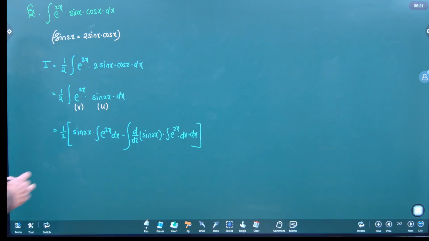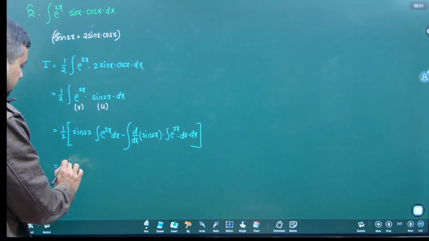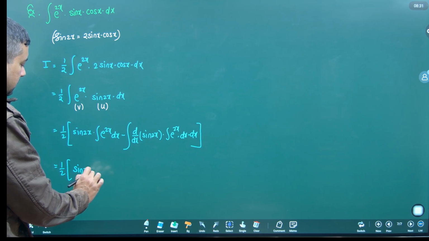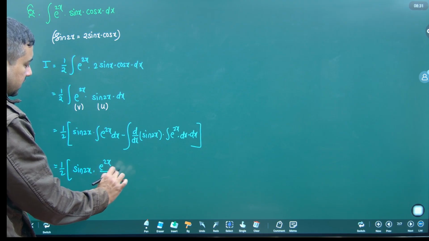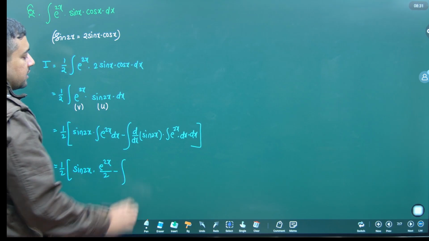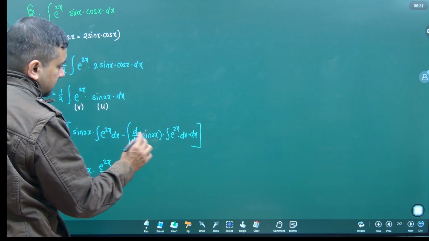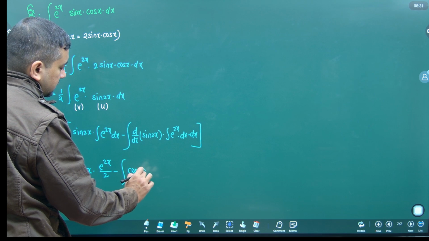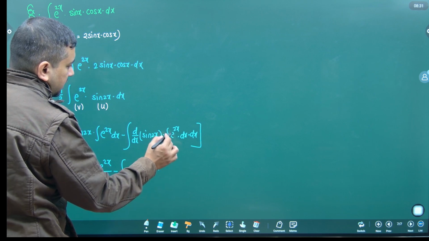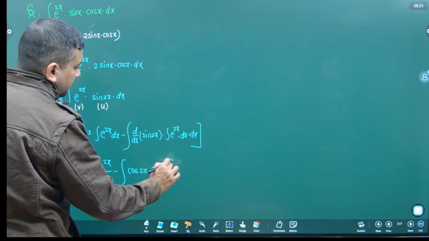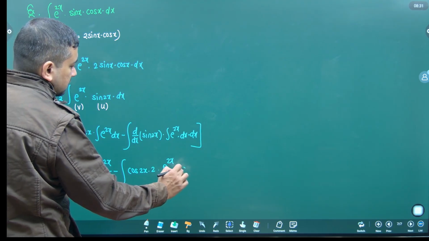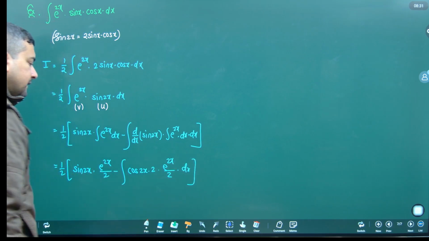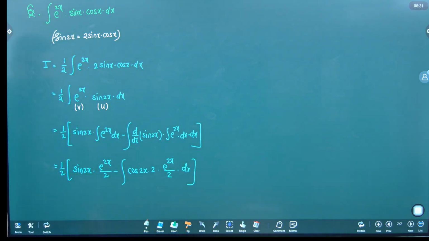So this is equal to 1 by 2 integral sin 2x into, what is integral of e to the power 2x? E to the power 2x by 2, correct, minus integral of, what is derivative of sin 2x? It will be cos 2x into 2 into integral e to the power 2x, it will be e to the power 2x upon 2 into dx. Correct or not? Okay. So these two we can cancel.